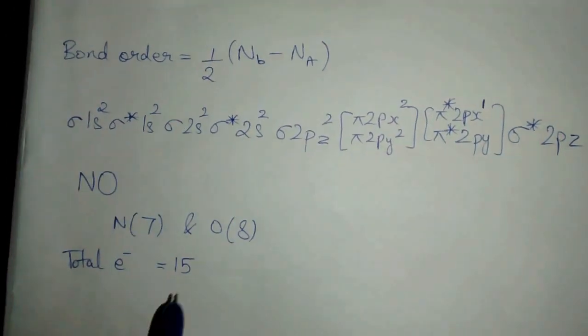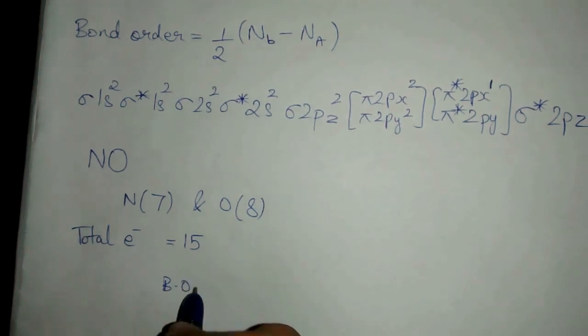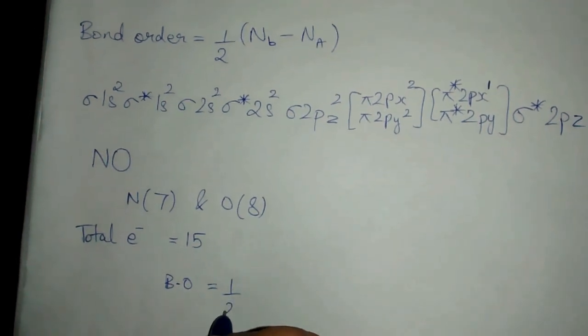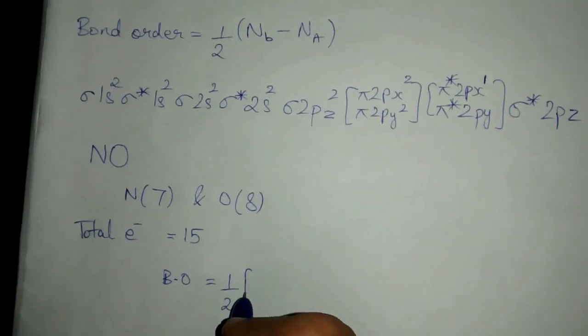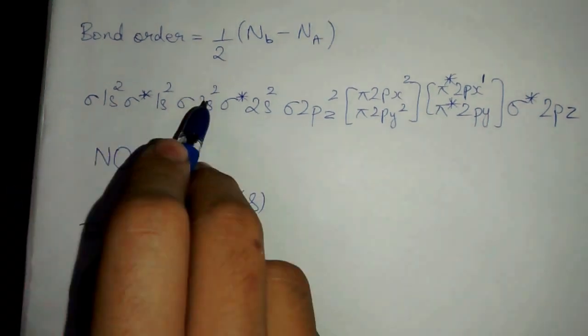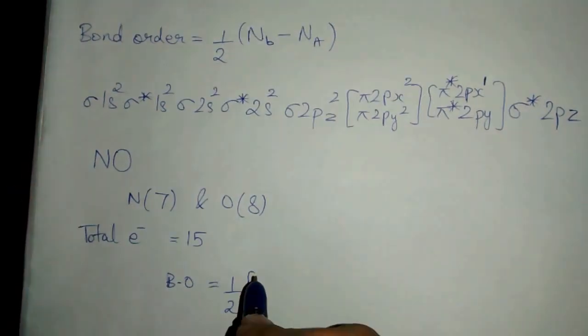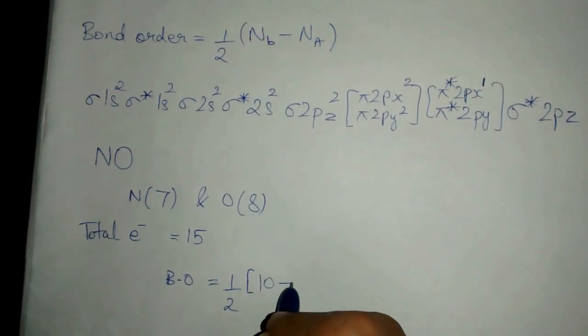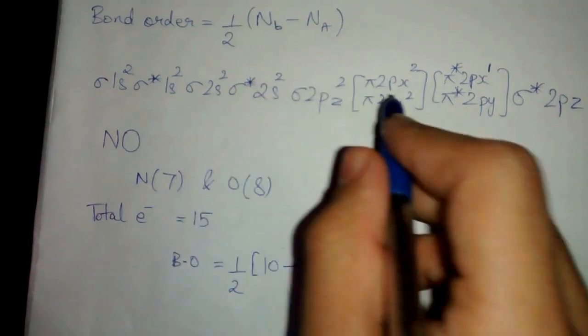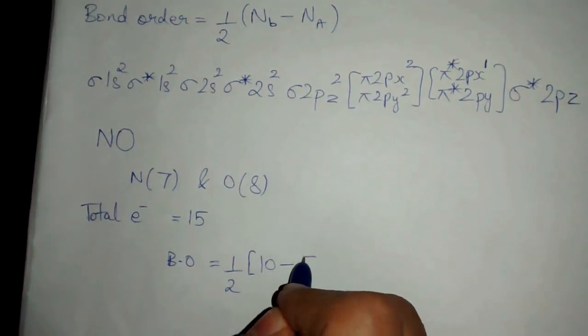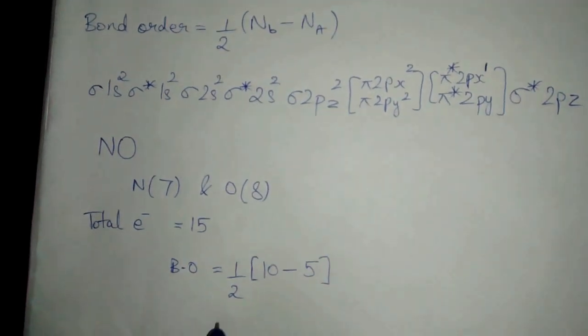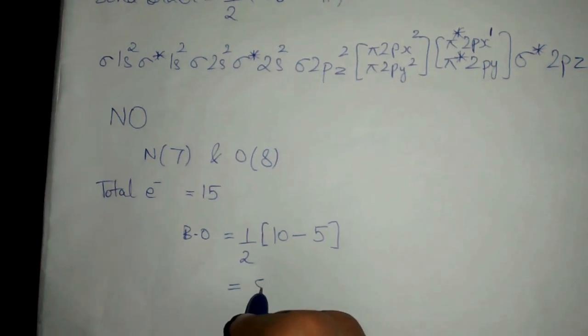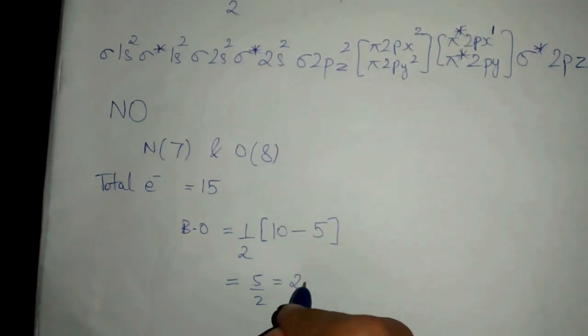So according to the formula, the bond order of NO equals half of the number of bonding electrons, which is 10, minus the number of antibonding electrons, which is 5. So the bond order of NO becomes 5 by 2, which is 2.5.